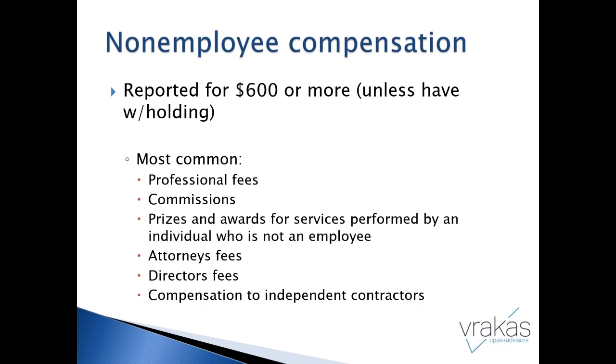Prizes and awards for services performed by an individual who is not an employee, attorneys, directors, and compensation to independent contractors. It's a little bit redundant because professional fees could be an independent contractor. But I guess you have expert witnesses, you have attorneys, again, those are what's reported here.